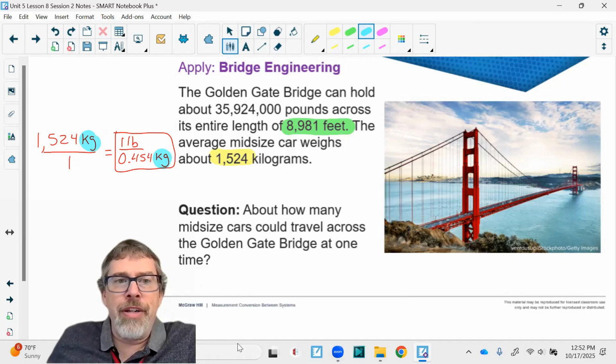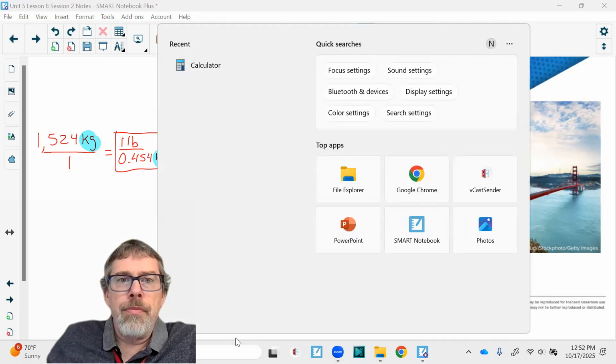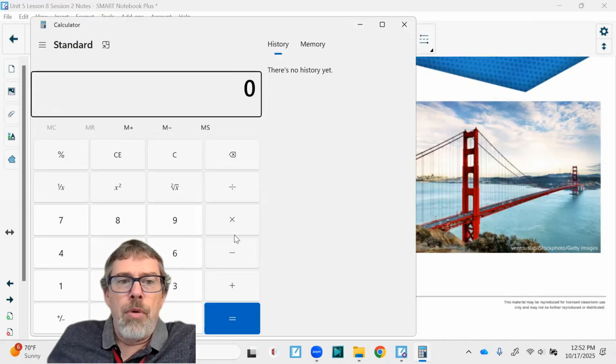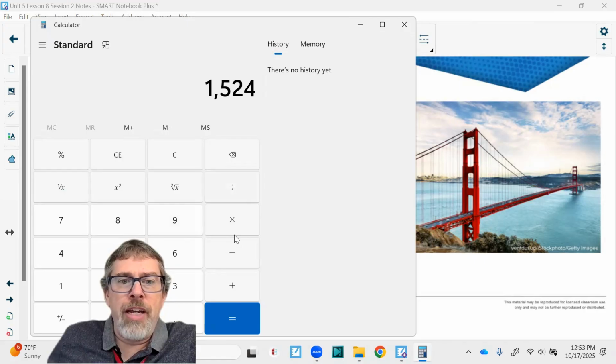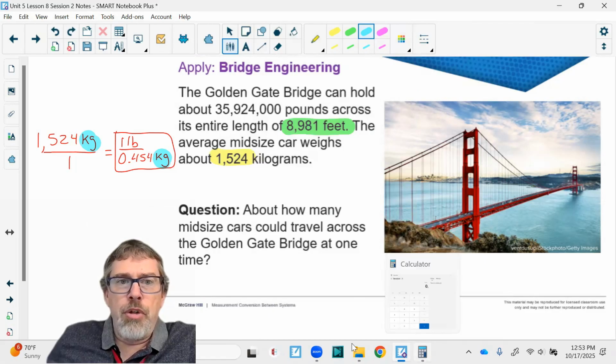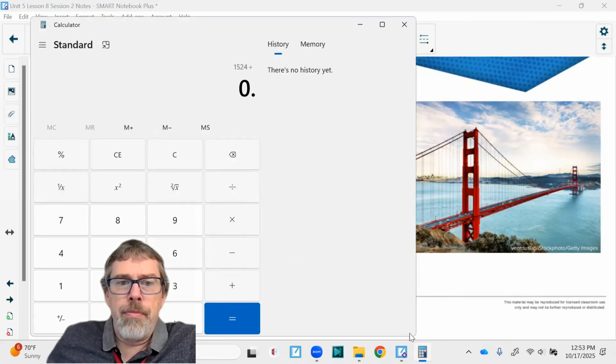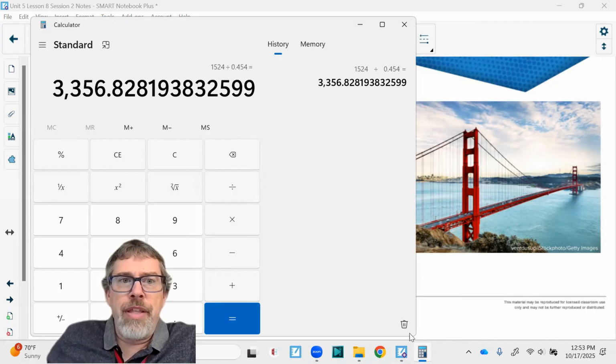And I'll do that with a calculator. So 1,524 divided by 0.454 is about 3,357 pounds per car.